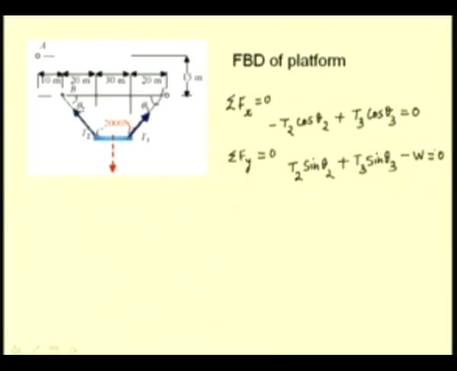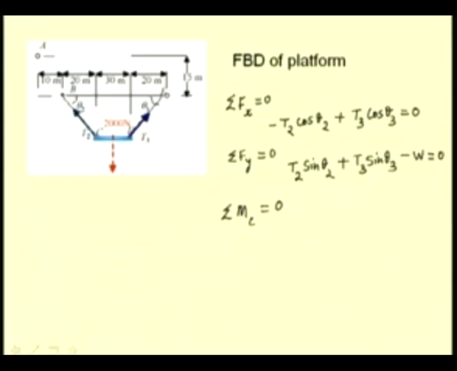For equilibrium to exist, the moments have to be also 0. So, either we can take moment about C or D. So, here let us take the moments about C to be 0. So, at C, this force T2 passes through this point C, and so it does not cause any moment, but we have moments due to this concentrated load, the equivalent concentrated load of the platform, and this force T3.